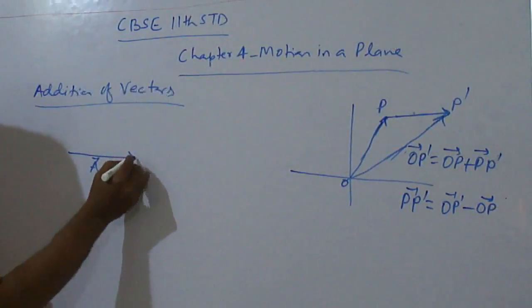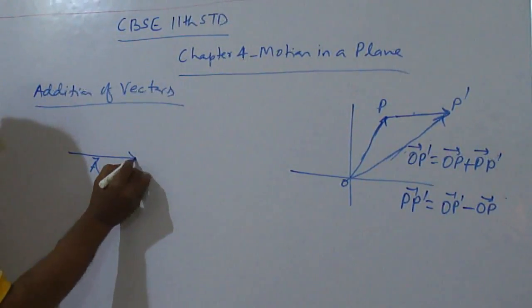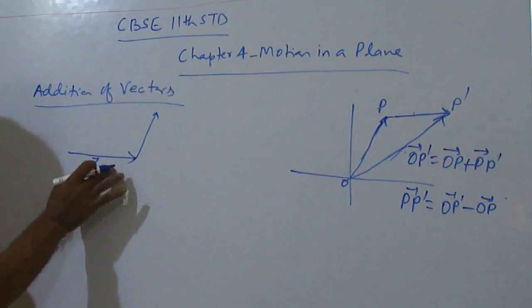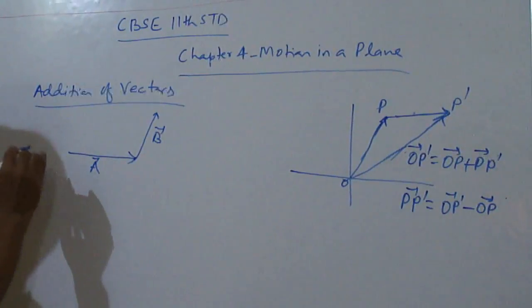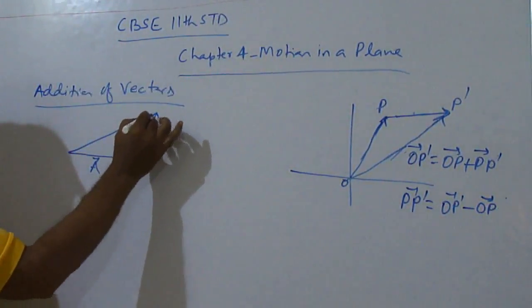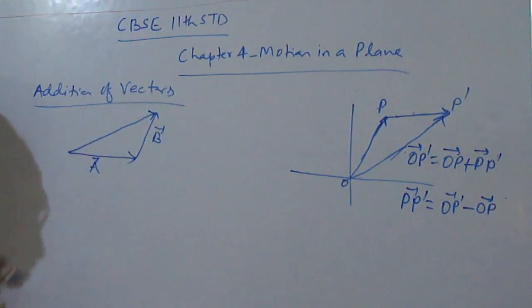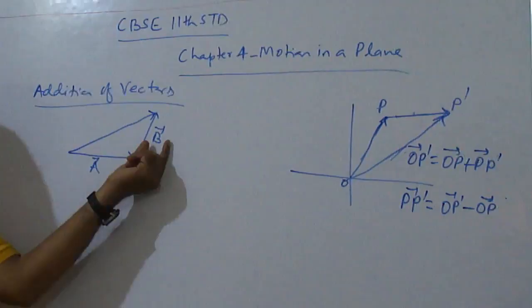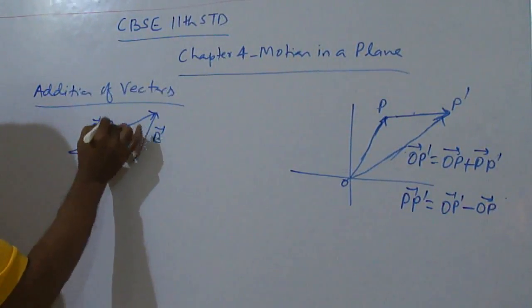The other vector which has to be joined, its initial point should start from the head of the previous vector, and the resultant vector we can find by joining the initial point of the previous vector and the final point of the other vector. So here this will be A plus B.